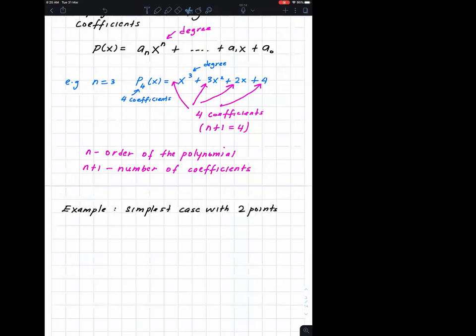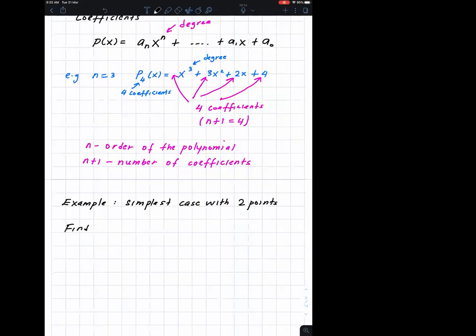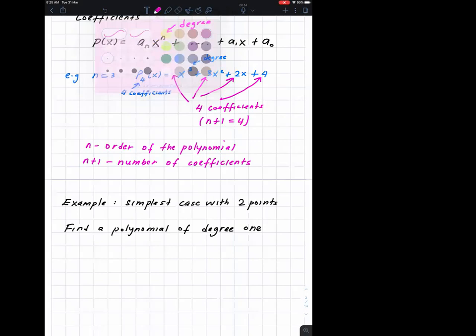The simplest case: given 2 points, find a polynomial of degree 1.